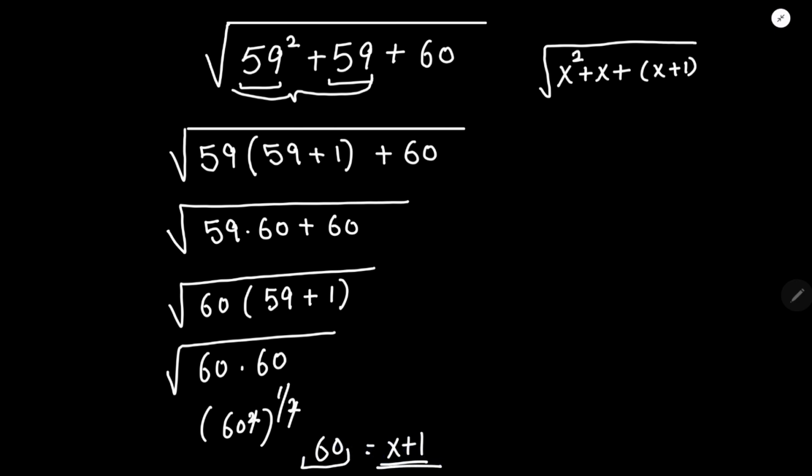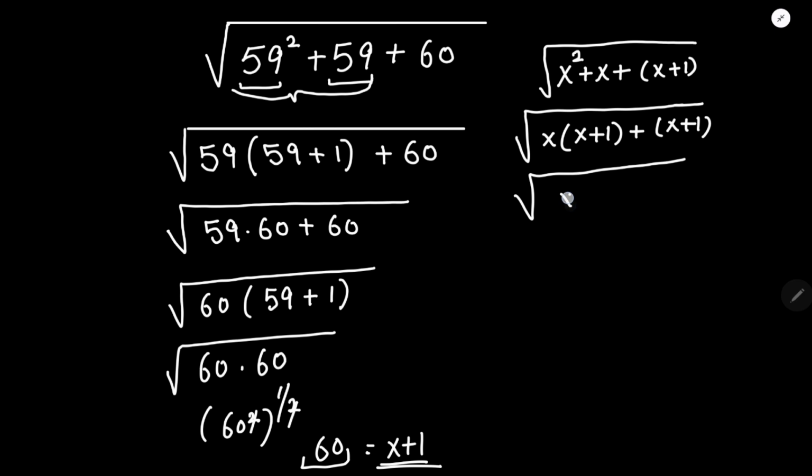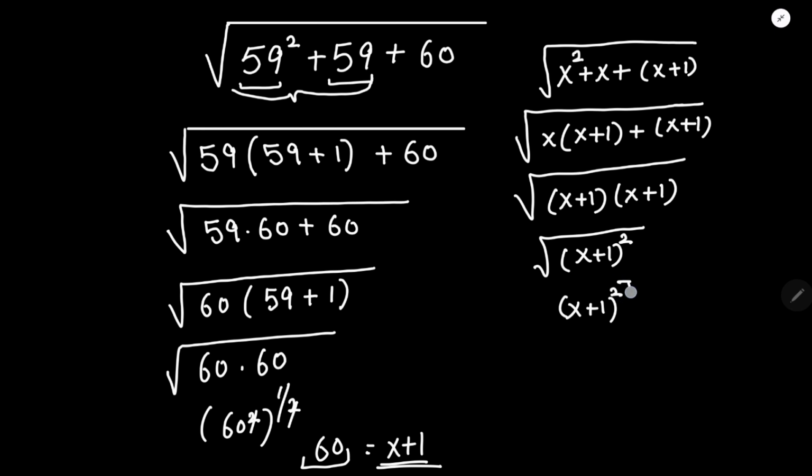What is x plus 1? Like here, I will take x common and I will be left with x plus 1 plus x plus 1, right? Then I will take x plus 1 common and I will be left with x plus 1, which is x plus 1 square under root, and this under root means x plus 1 square raised to power 1 by 2.